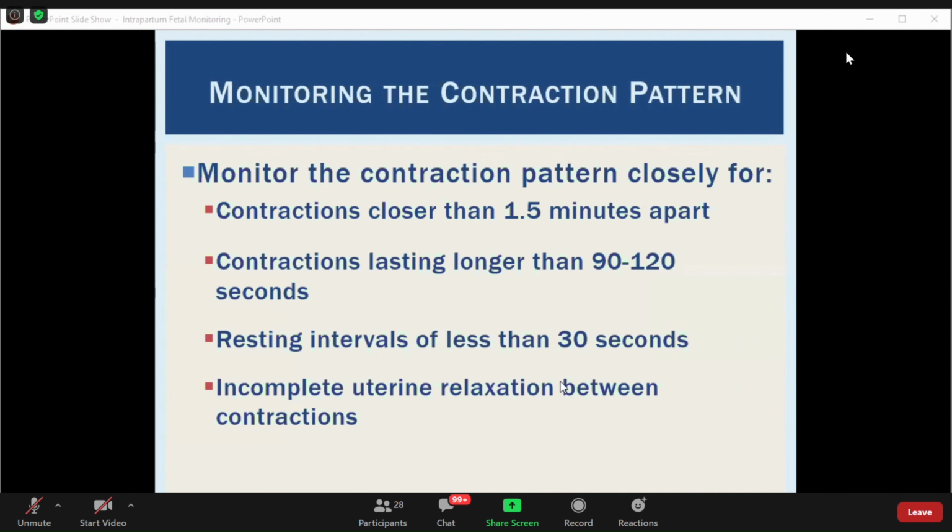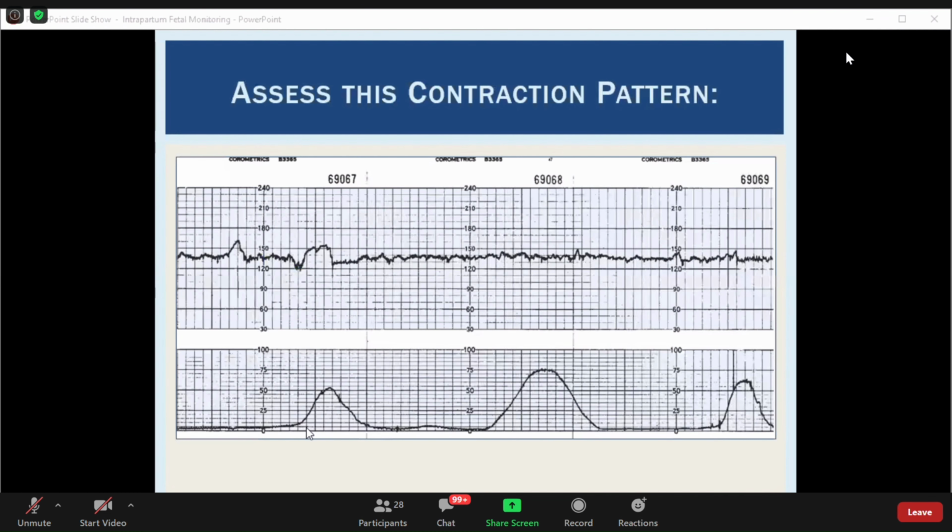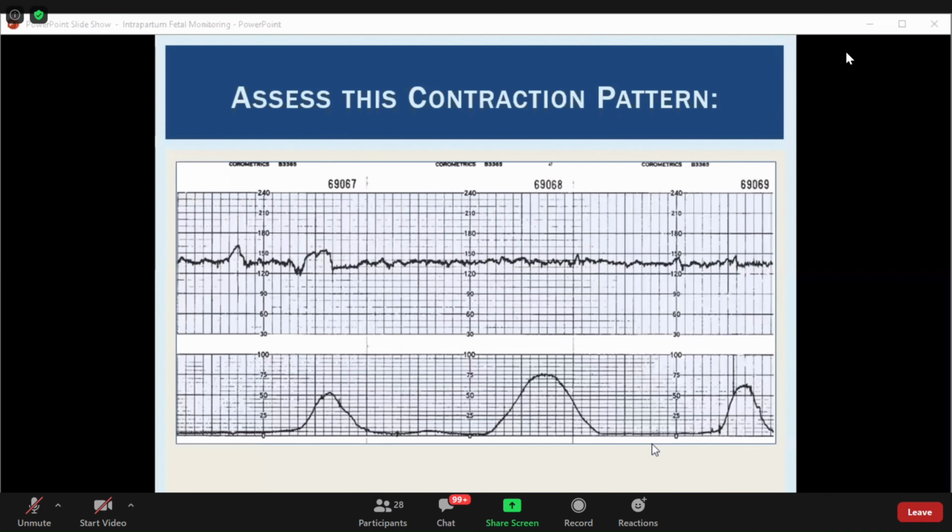Professor, so resting interval is same as how often you see the contractions, right? No. Unless I misunderstood you, this is the contraction. This is your resting interval, the time in between. So you were asking what was a resting interval before? No, I was asking you how often the contractions are coming.